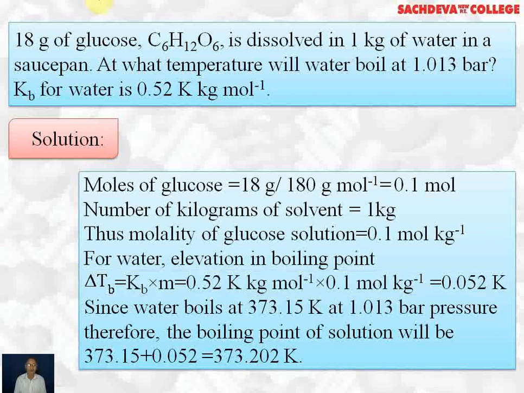Since water boils at 373.15 Kelvin at 1.013 bar pressure, therefore boiling point of solution will be 373.15 plus 0.052, which is 373.202 Kelvin.